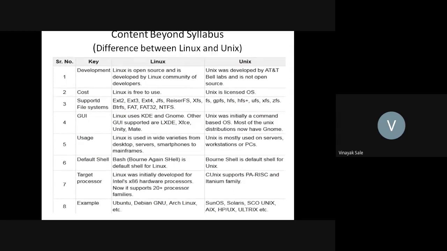In case of cost, Linux is free to use, whereas Unix is a licensed operating system. Linux supports file systems such as ext2, ext3, ext4, JFS, ReiserFS, XFS, BTRFS, FAT, FAT32, NTFS, whereas Unix supports file systems such as JFS, GPFS, HFS, HFS+, UFS, XFS, and ZFS.